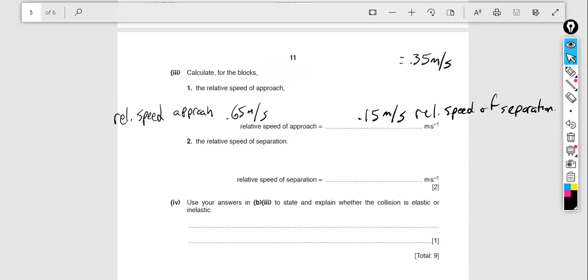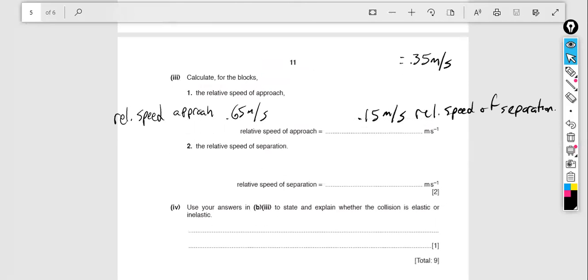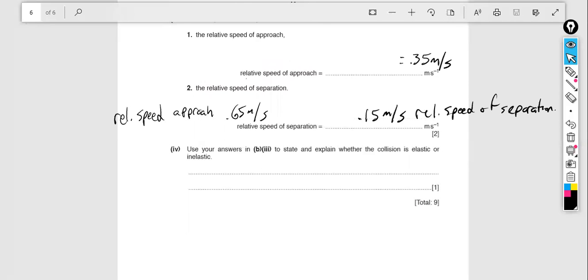Oh man, I should have done that so that it fit in these boxes. Anyway, relative speed of approach 0.65, relative speed of separation 0.15. That one kind of works there. Maybe I could use my erasing tool. Is this an eraser here?